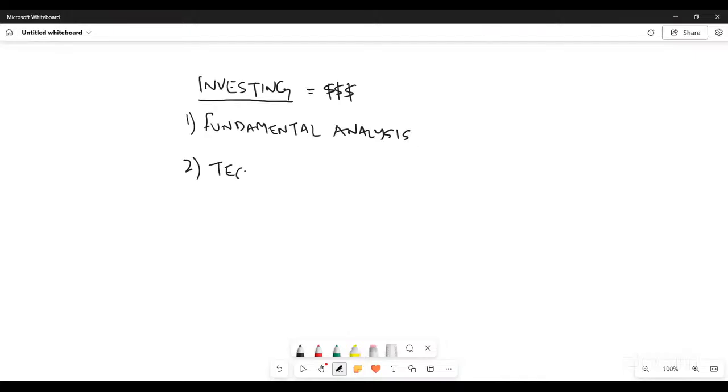And the second thing is technical analysis. Okay, who's gonna tell me what is fundamental analysis? How many people do we have? 6 people. Okay.